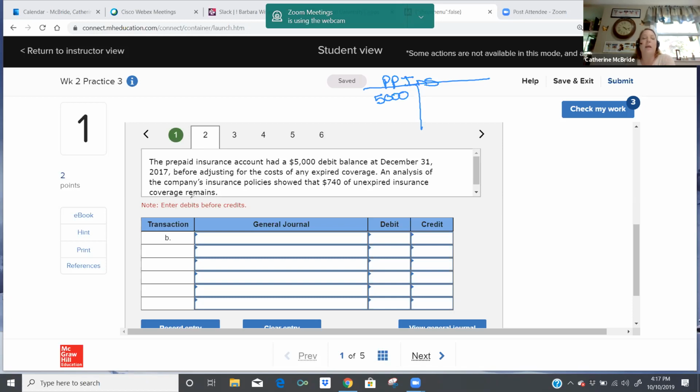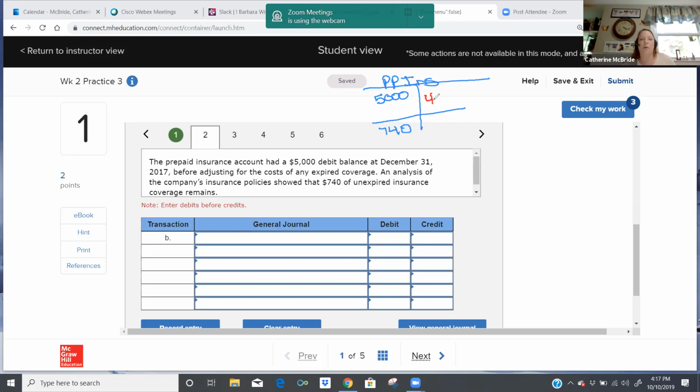An analysis of the company's insurance policies showed that $740 of unexpired insurance remains. So what we know is we have a balance in the account at the end of the period of $740. So now the question is, if I started with 5,000 and now I have 740, how did I get there?